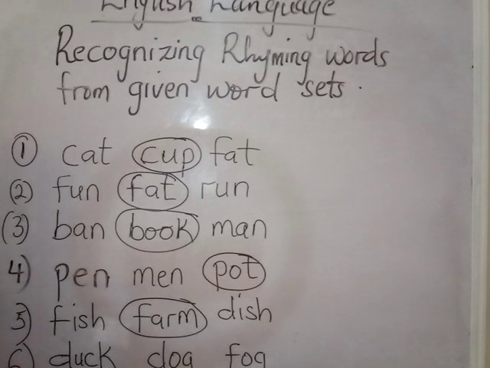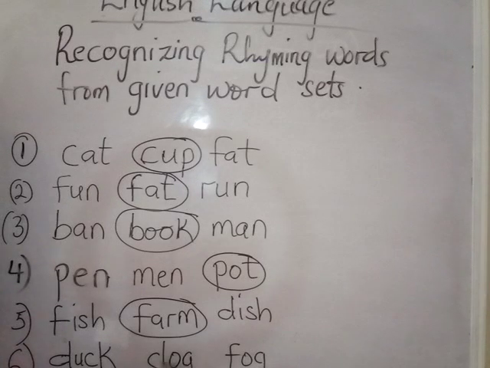But if we move further, duck has "uck" and dog has "og." Uck, og. They don't sound the same way at the end. Then let's look at dog and fog.